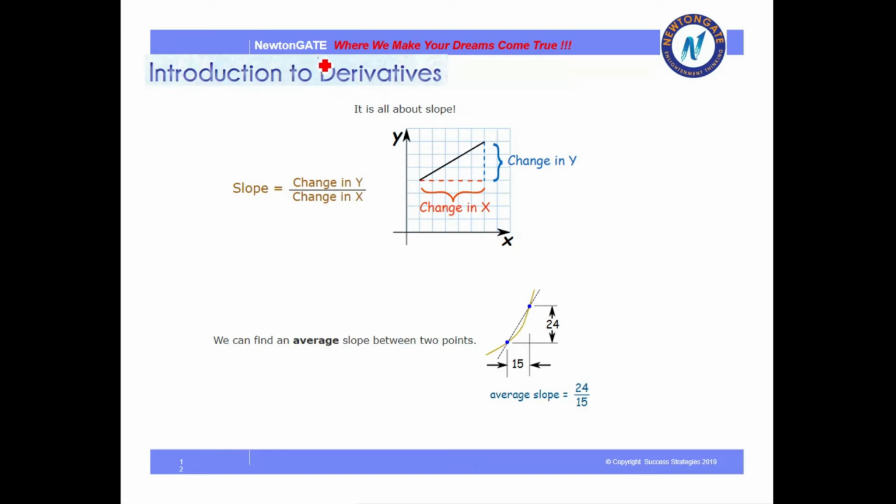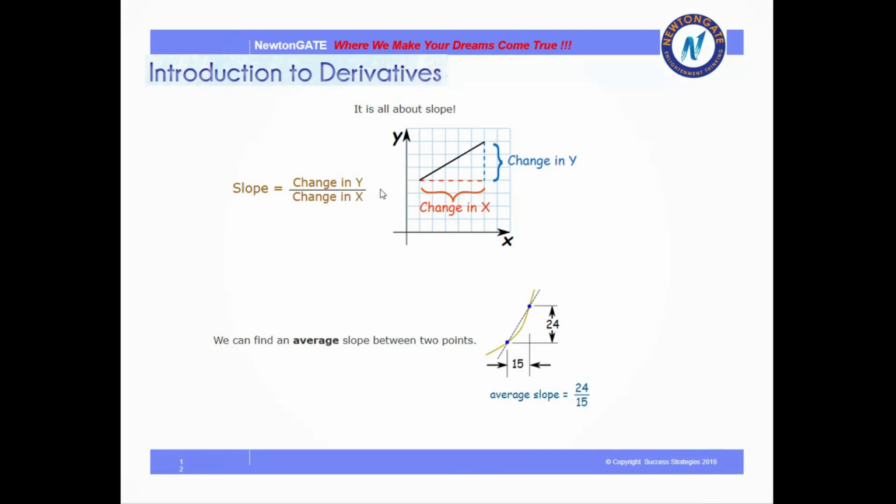So with that, we have an introduction to derivatives, and it's all about slope as we had done before. Basically what we are doing here is finding the slope of particular curves, which means change in y divided by change in x is actually what a derivative is.